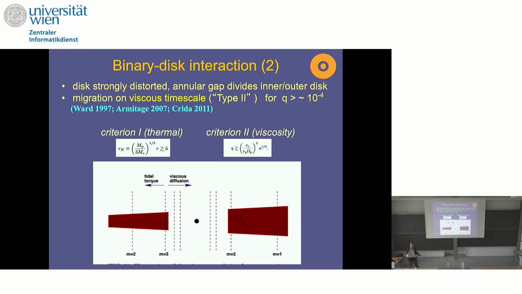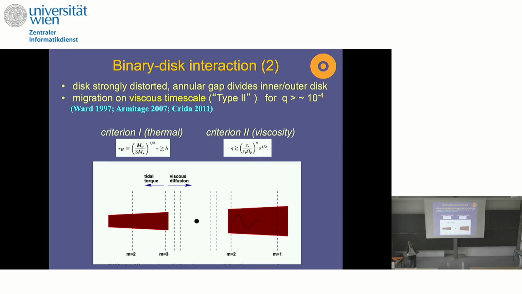The second criterion is based on viscosity. If viscosity is very strong, then gas from outside can flow in and fill this gap. So the mass ratio has to be higher than some value, which has to do with viscosity. A simple way of thinking about it is, if the time it takes for viscosity or pressure to close this gap is longer than the time it takes to excavate this gap, then there's a big gap.